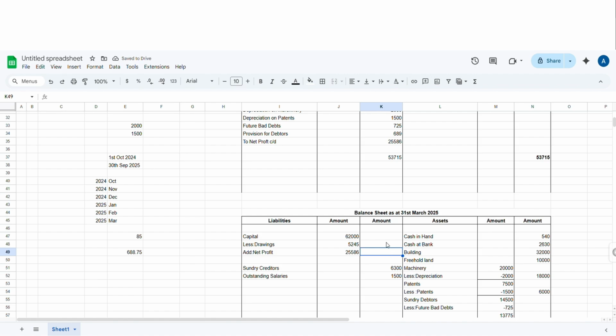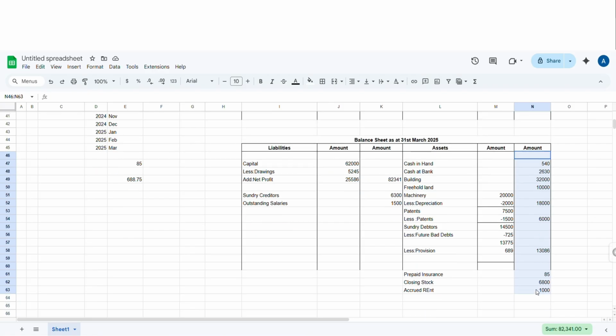So it is 82,341. And the total is 90,141. And here it is 90,141. So our balance sheet tallied, 90,141, 90,141.